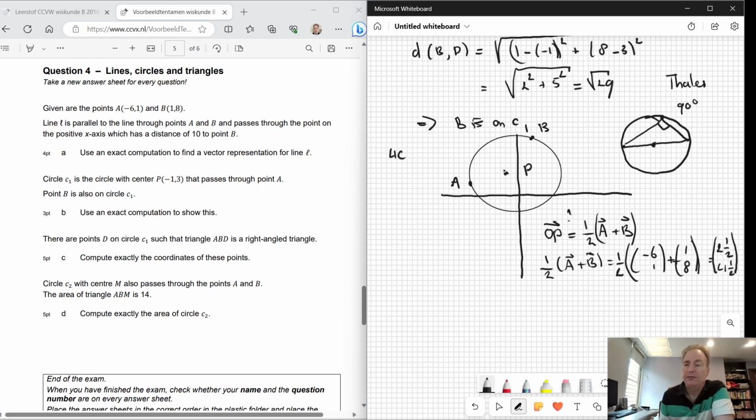So the coordinates of this point are actually not equal to the center, which is -1, 3.